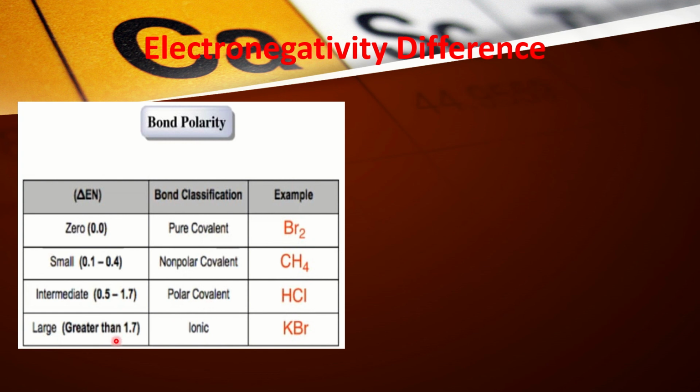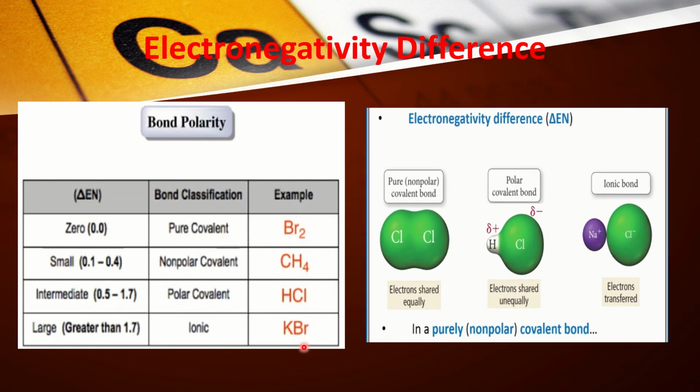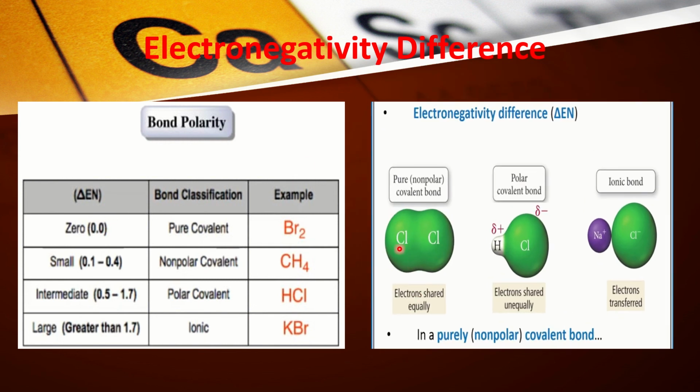And when the difference is greater than 1.7, then the compound is called an ionic compound, like sodium chloride, potassium bromide, etc. Look, these are pure covalent or non-polar compounds, these are polar covalent compounds, and this is an ionic compound. We will learn all this in chapter 5.